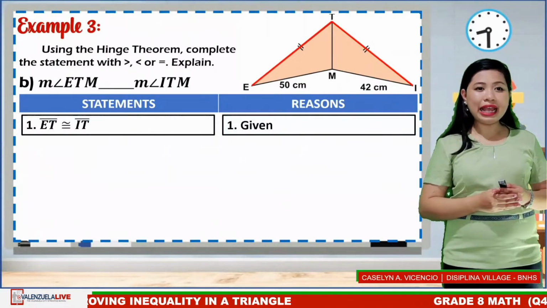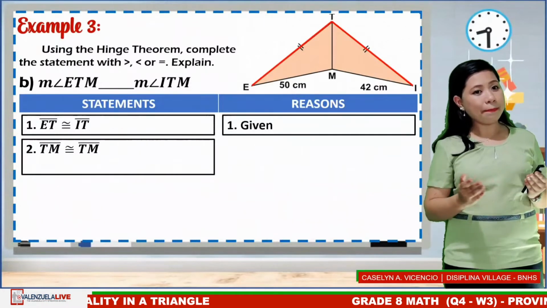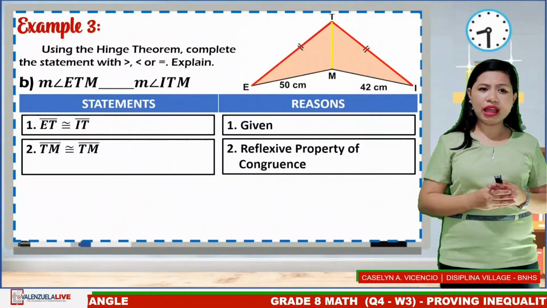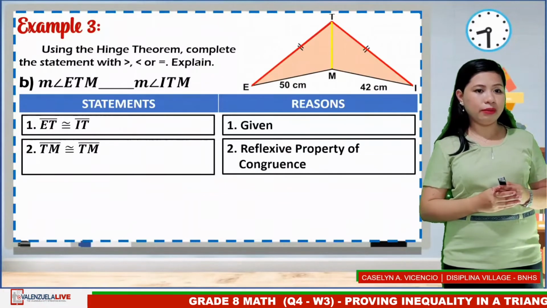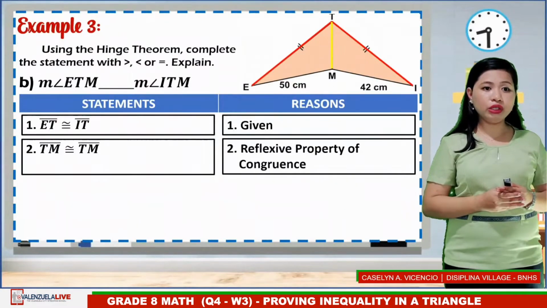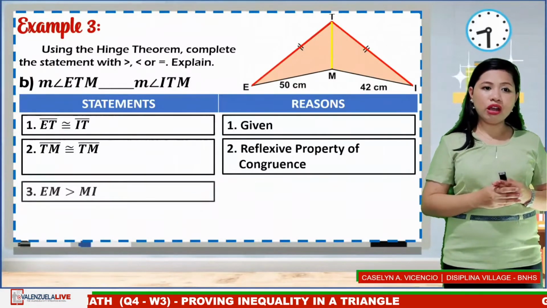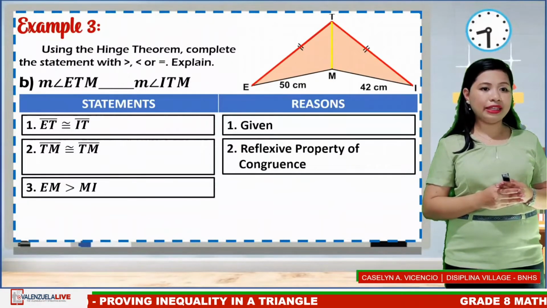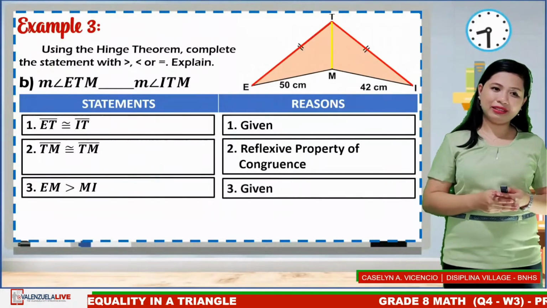Also, side TM is congruent to side TM by reflexive property of congruence. The measure of side EM is 50 cm, and the measure of side MI is 42 cm. With this, the measure of side EM is greater than the measure of side MI, and the reason is given.